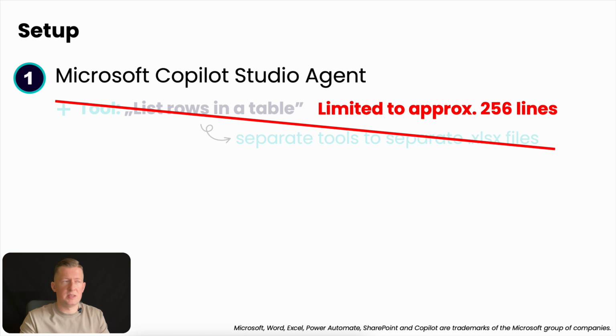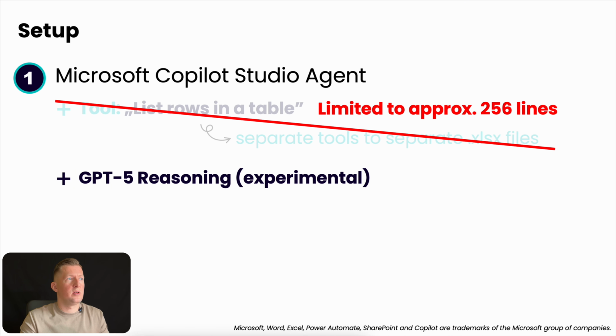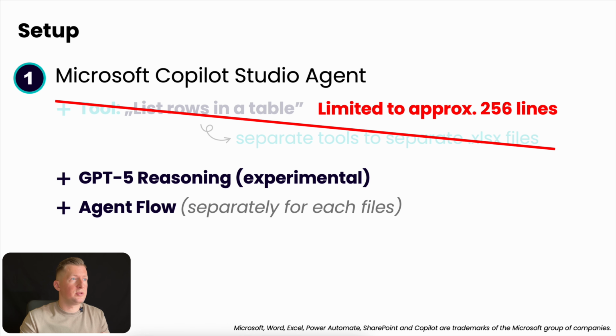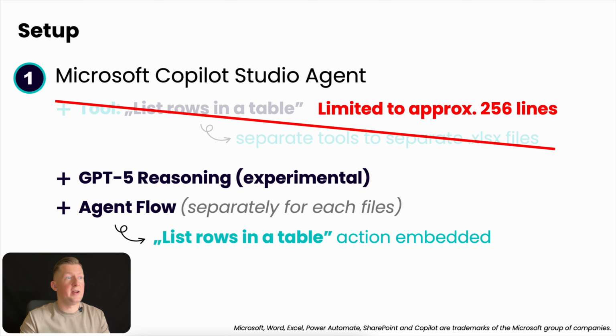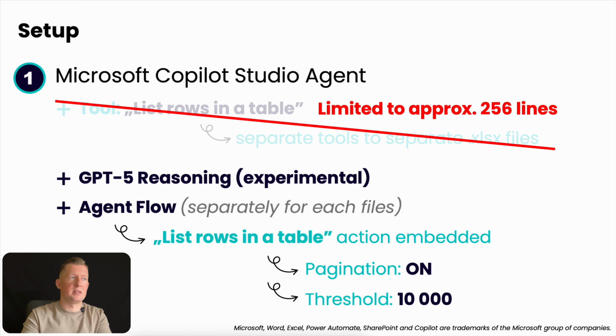So what we do instead is turn on the GPT-5 model, which is still in an experimental phase at the moment when I'm recording this video, and we are adding an agent flow, in this case separately for each file, where we are adding the action List rows present in a table. In the setup of this action, we are turning on the pagination, and the threshold will be increased to 10,000. Let me show you this approach.